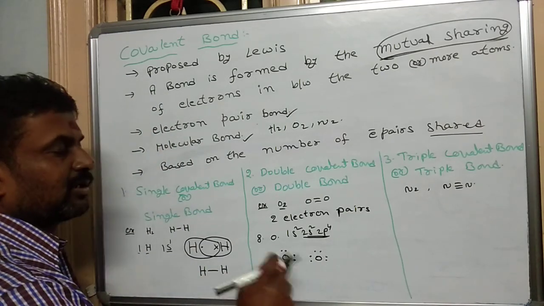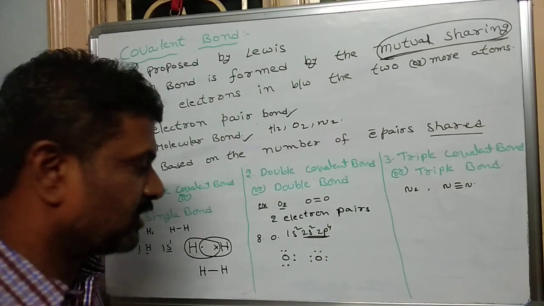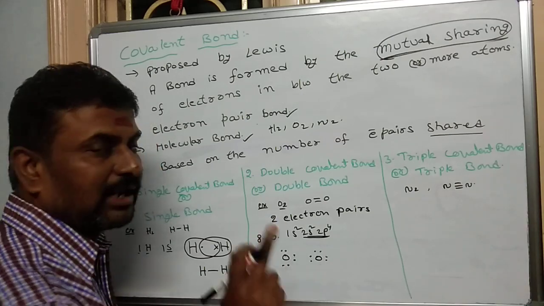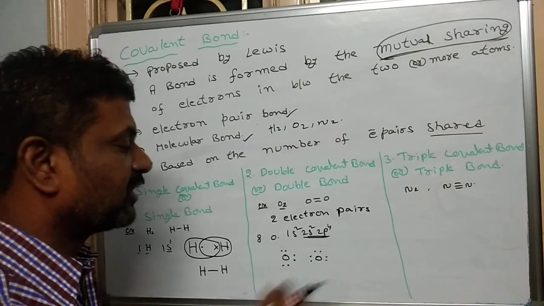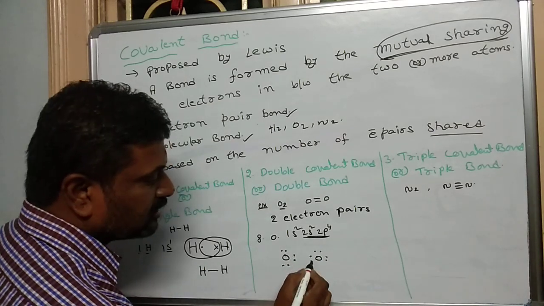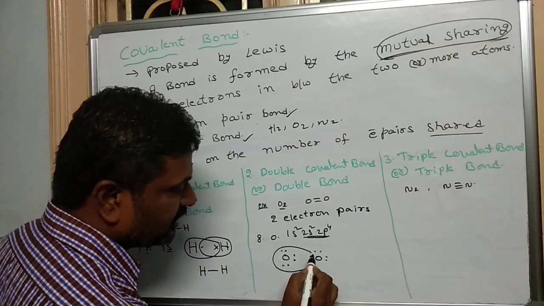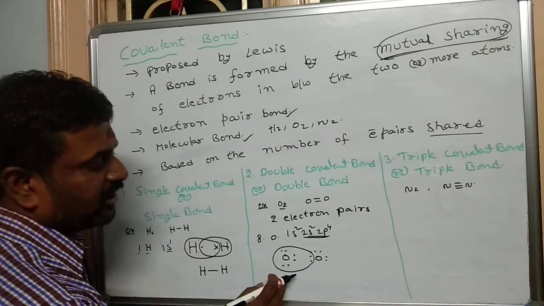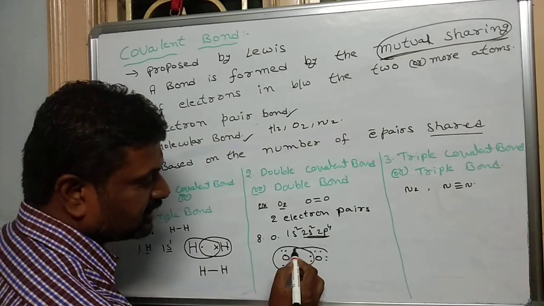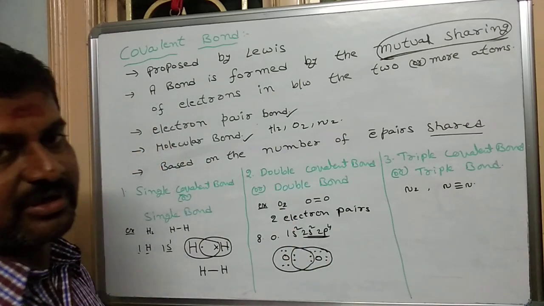Each oxygen requires 2 electrons to get the octet configuration. So the two oxygen atoms equally share: this oxygen atom shares these 2 electrons and gets the octet configuration. This oxygen also has 6 electrons and shares these 2 electrons to get the octet configuration.